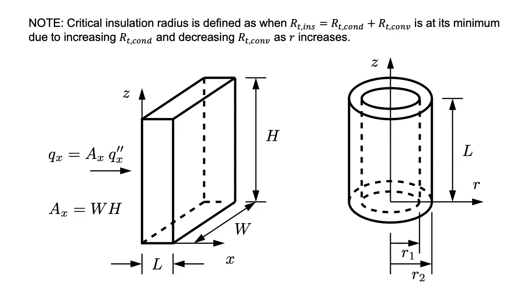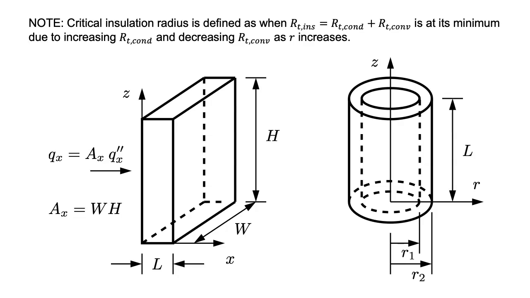As insulation is added below the critical radius, the total thermal resistance decreases and the heat transfer is enhanced. As insulation is added above the critical radius, the total thermal resistance increases and the heat transfer now goes down, as is typically desired when adding insulation.